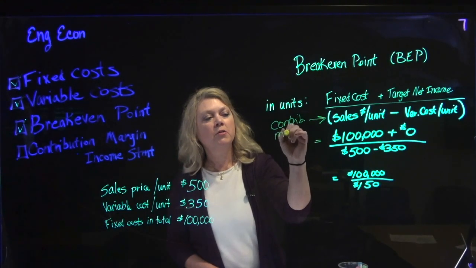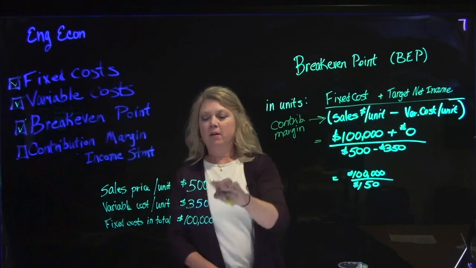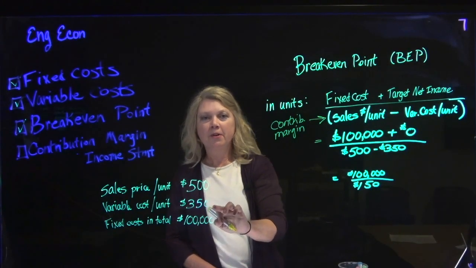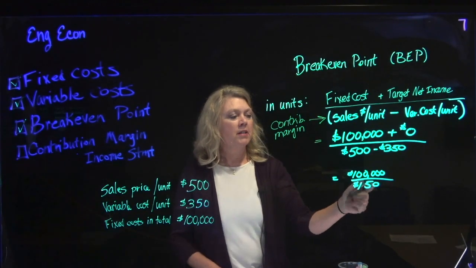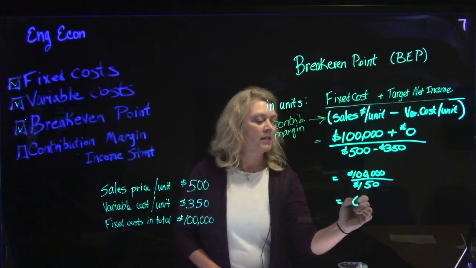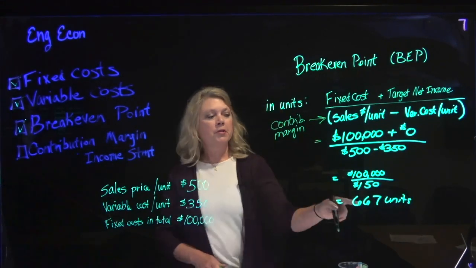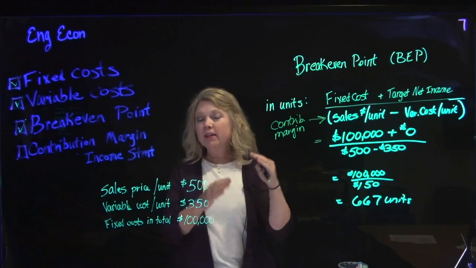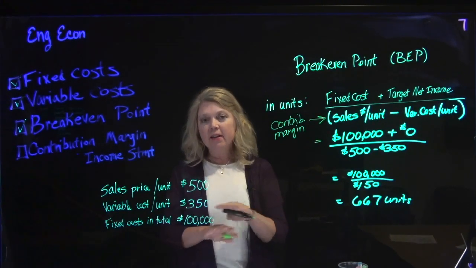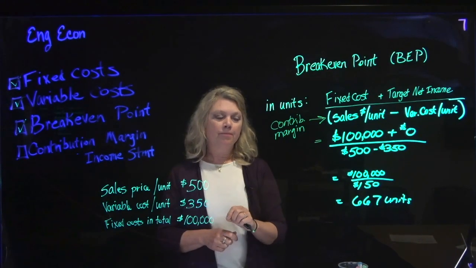So back to our example, with contribution margin in the denominator, that would be 667 units. If they are produced and sold at $500 each, then our sales revenue would exactly equal our total costs, and the company would have 0 net income or net loss, just completely break even.